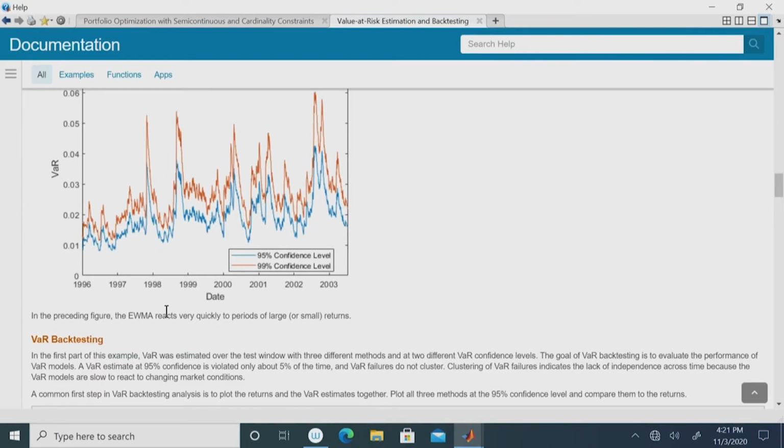So, suppose that I am considering a period of 2000 to 2020. I can make use of the period of 2000 to 2015 in order to make an estimation of VAR using the three approaches.